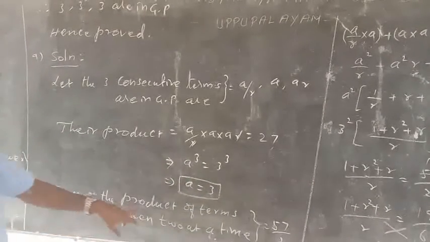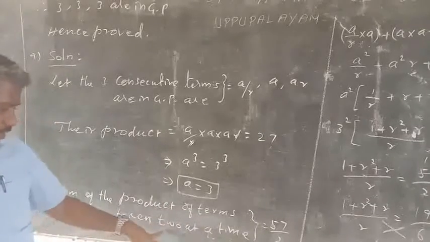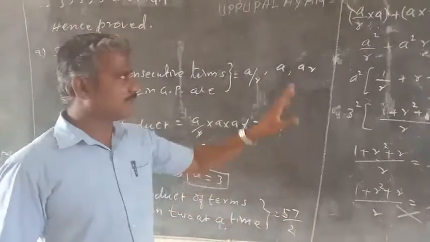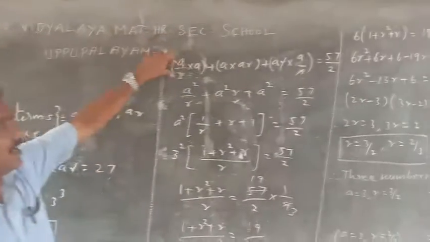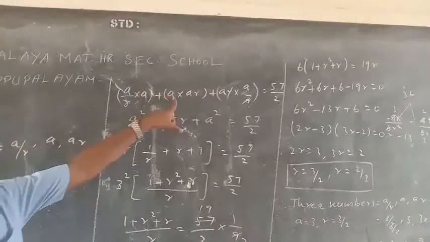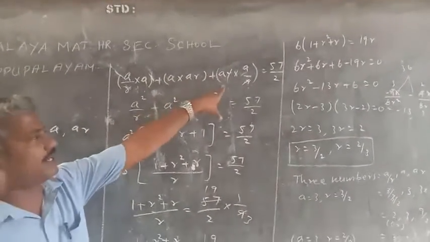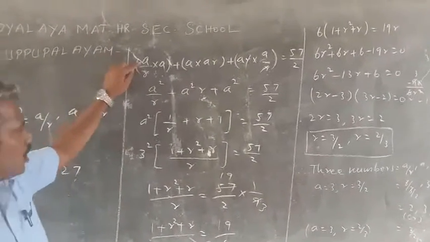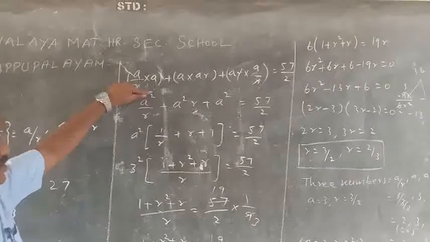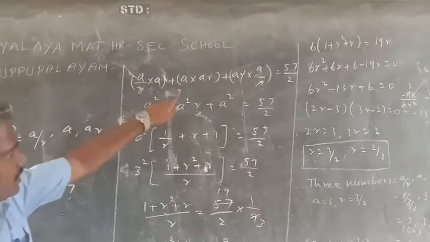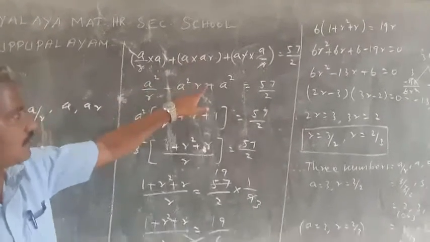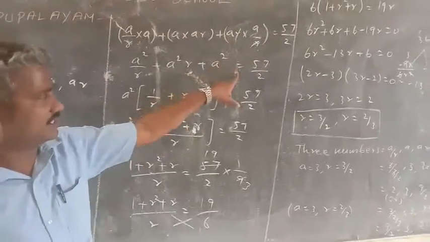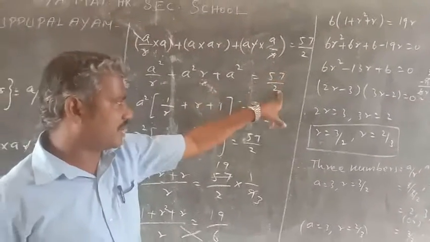The sum of the product of the terms taken 2 at a time is 57 divided by 2. A by R into A plus A into AR plus AR into A by R is equal to 57 by 2. So now A into A square by R plus A into A square R plus, R cancel, A into A square is equal to 57 by 2.